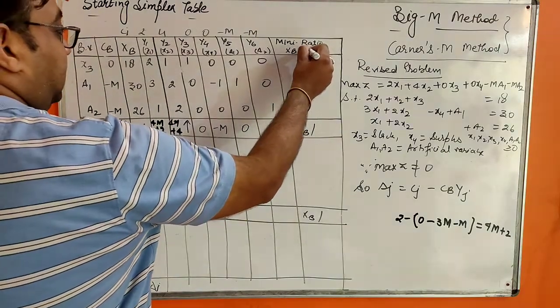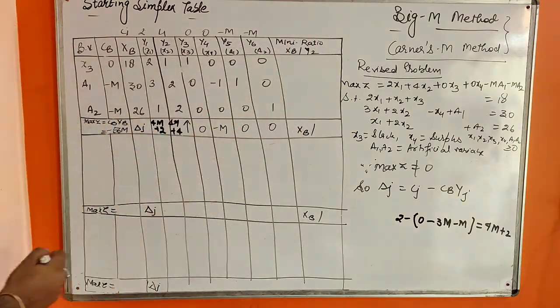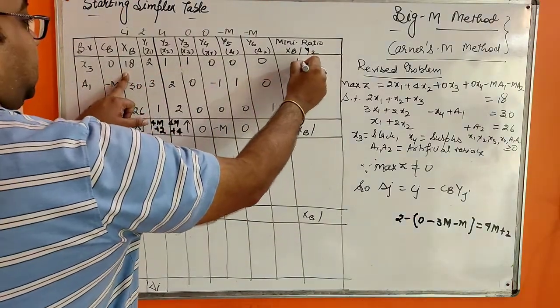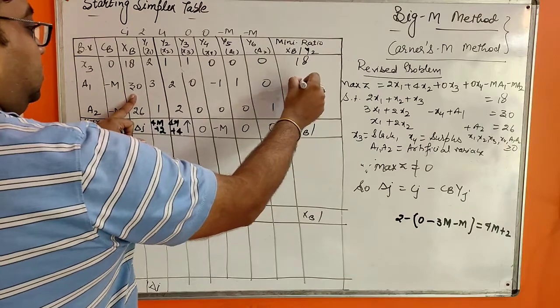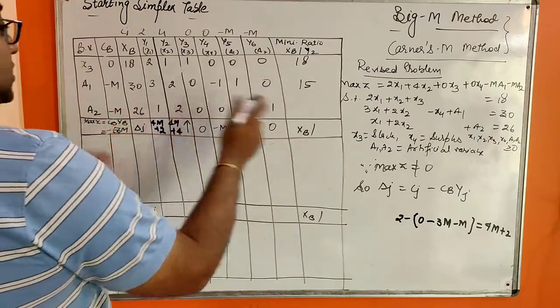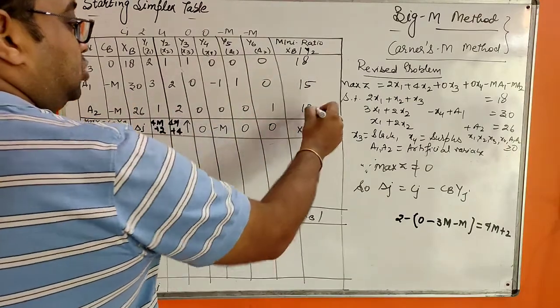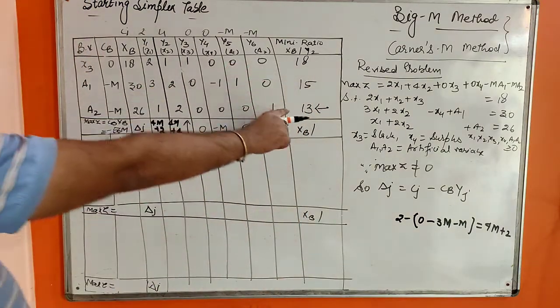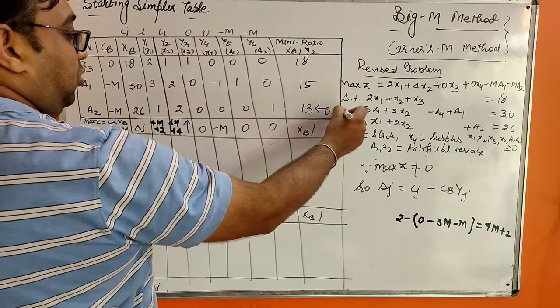So we have to divide this xb by this y2. So divide it, 18 by 1, that is 18, 30 by 2, 15, 26 by 2, 13. So what is outgoing? This, because this is minimum. So this is OGB.